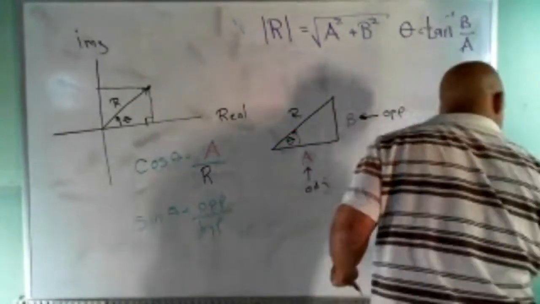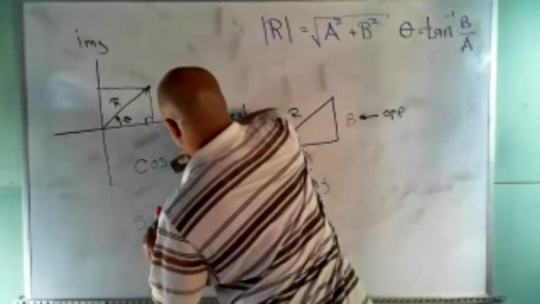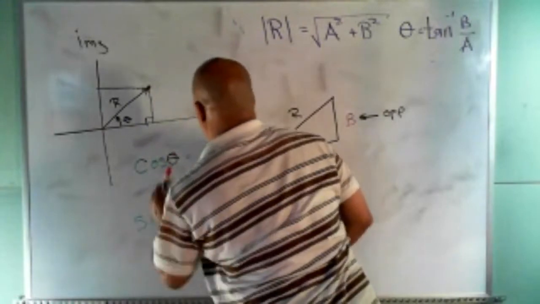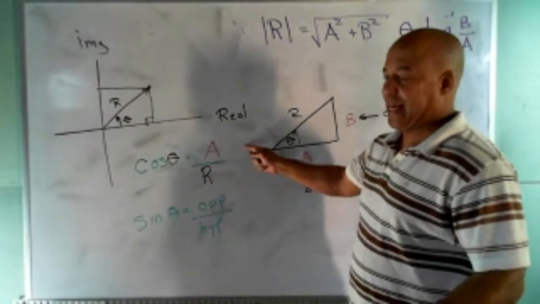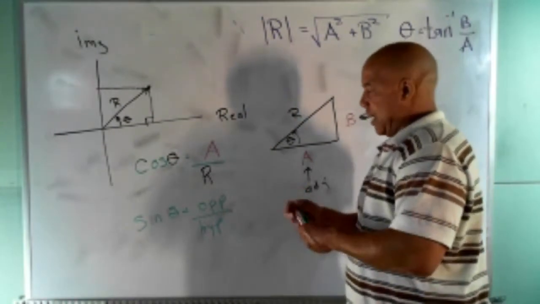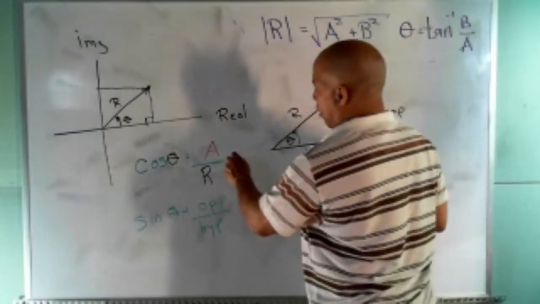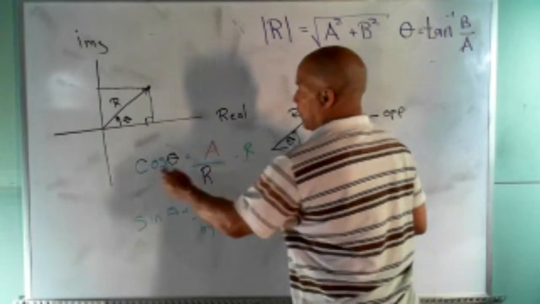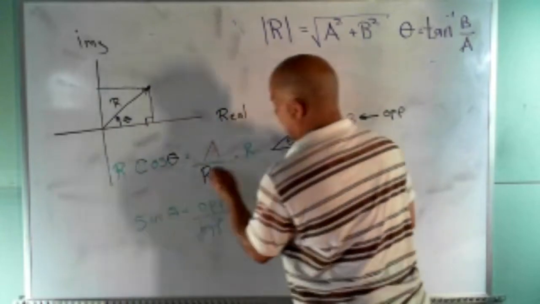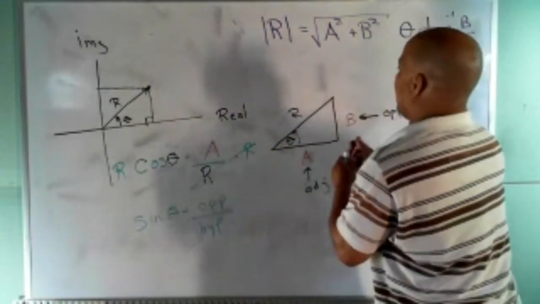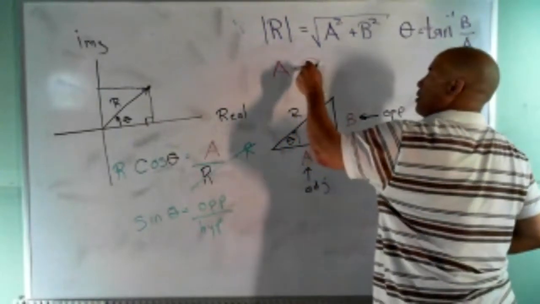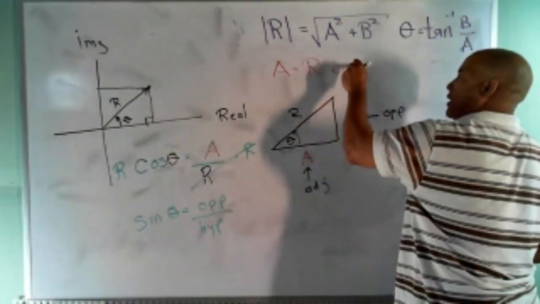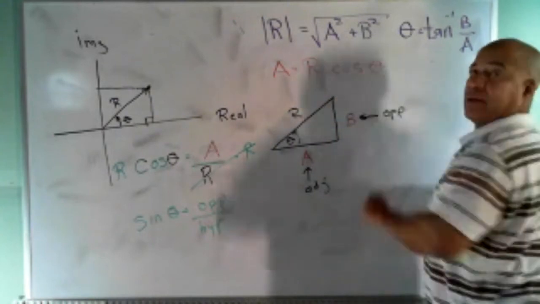So the only unknown I have is A. How would I get A? What I have to do is multiply both sides by R. I multiply this by R and this by R, and that goes away. And then what I get is that A is going to equal R cosine theta.